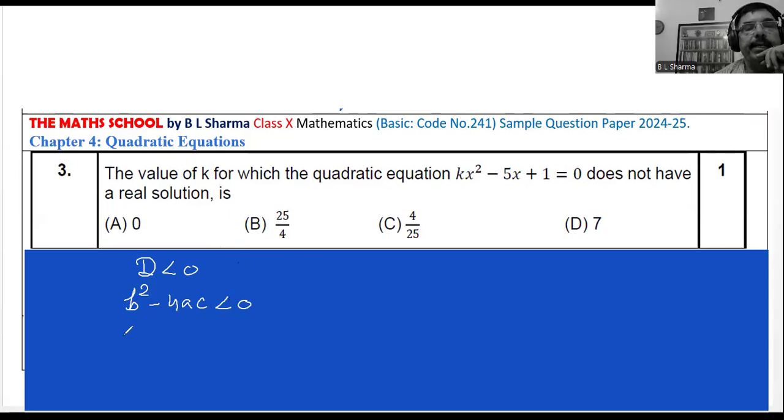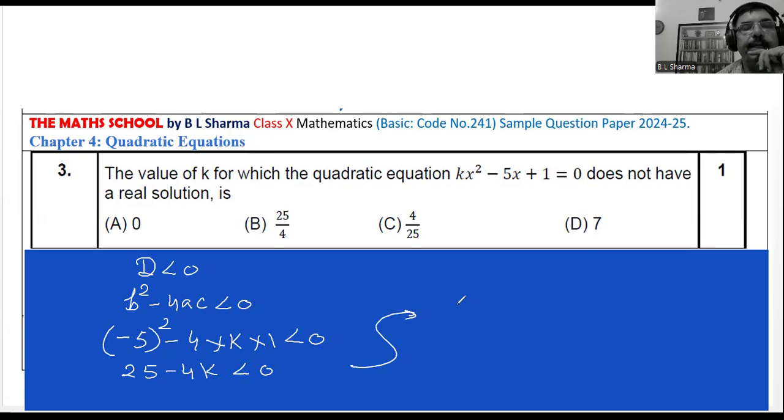Here b is minus 5, minus 4, a is k, and c is 1. It should be less than 0. So 25 minus 4k should be less than 0. 25 should be less than 4k. 25 upon 4 less than k.